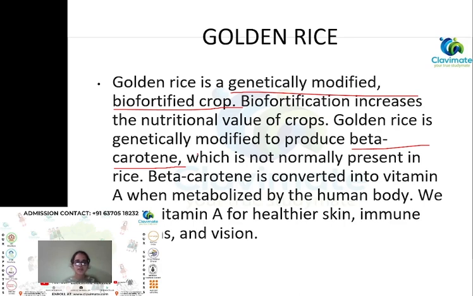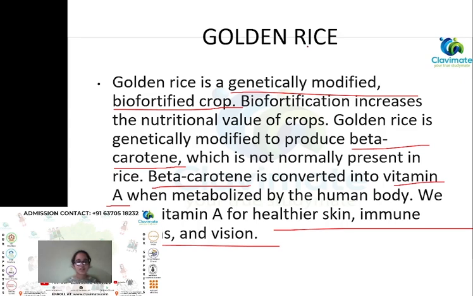This rice is modified to produce beta carotene, and beta carotene is converted into vitamin A when metabolized by the human body. We need vitamin A for healthier skin, immune system, and vision.